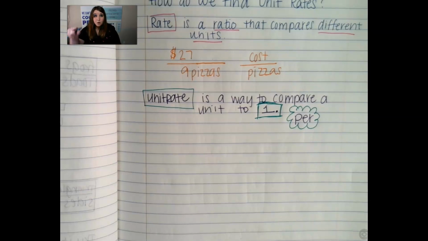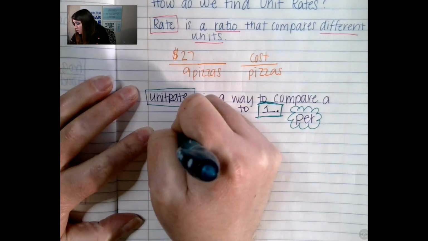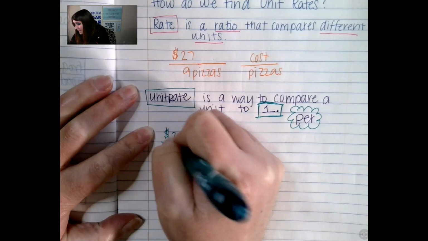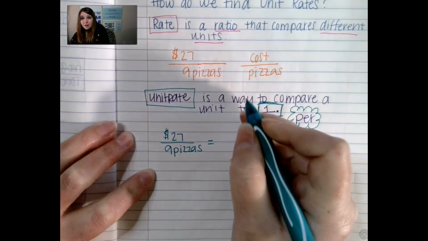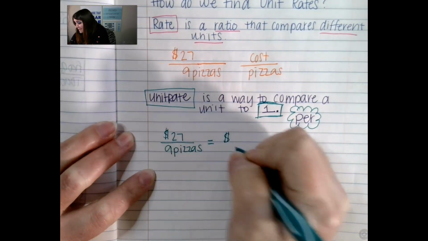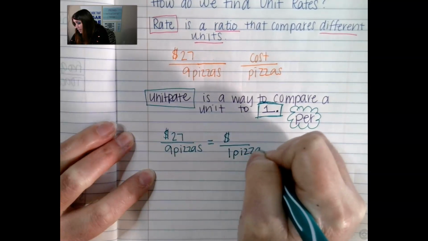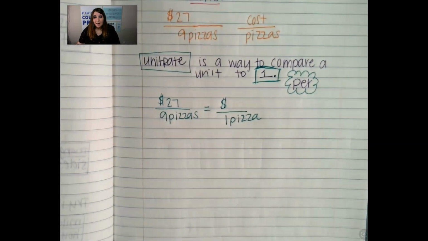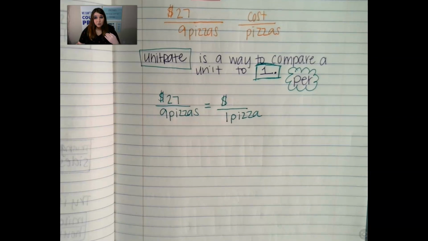So cost per pizza. We want to know, if it's $27 for 9 pizzas, how much money does it cost for 1 pizza? That is our unit rate. Well, we can find the unit rate by using division. When we use division, we're able to find what it is for 1.